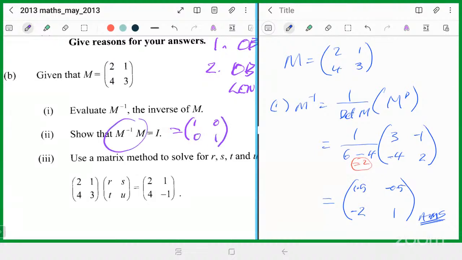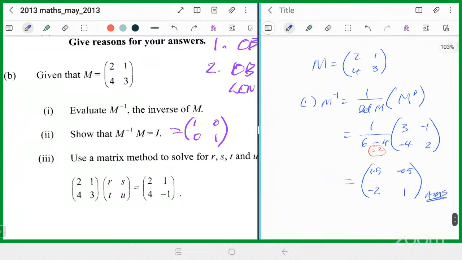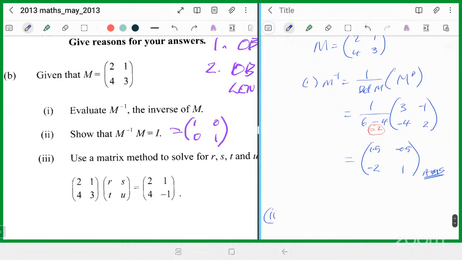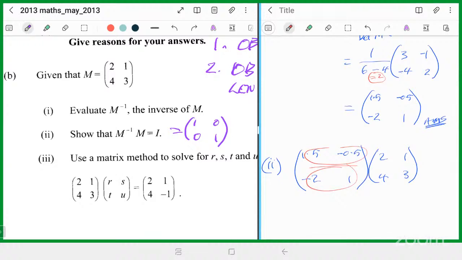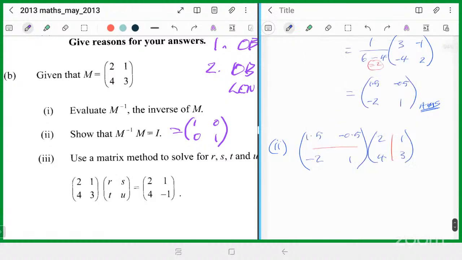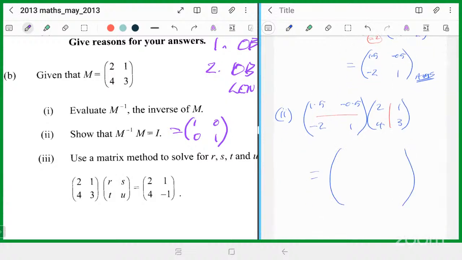Basically, you need to multiply these two matrices and get that. So you multiply this one, 1.5, negative 0.5, negative 2, 1, by 2, 1, 4, 3. You multiply the rows of the first matrix by the columns of the second, and you are going to get these 4 values.